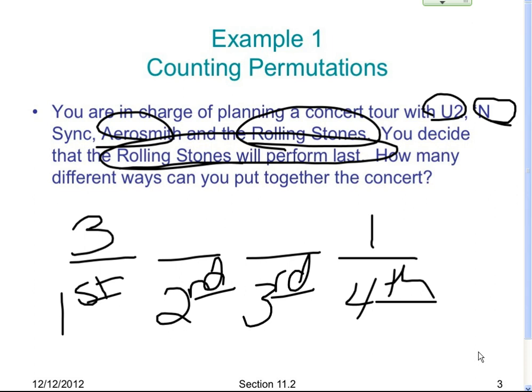It could have been U2, could have been Aerosmith, but we've already used a band. So that leaves 2 bands that we haven't used yet that could go second, and there's only one band left. So the number of ways that you could do a lineup is 3 times 2 times 1 times 1, or 6 different ways.